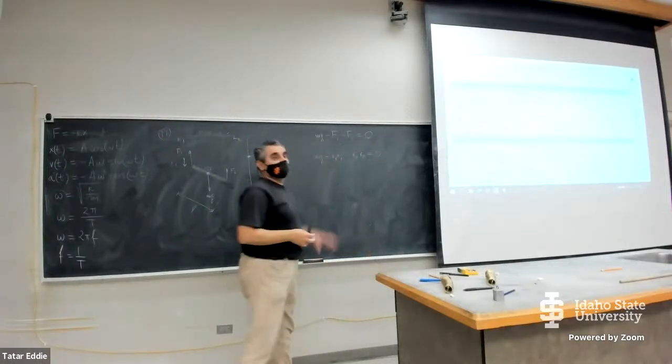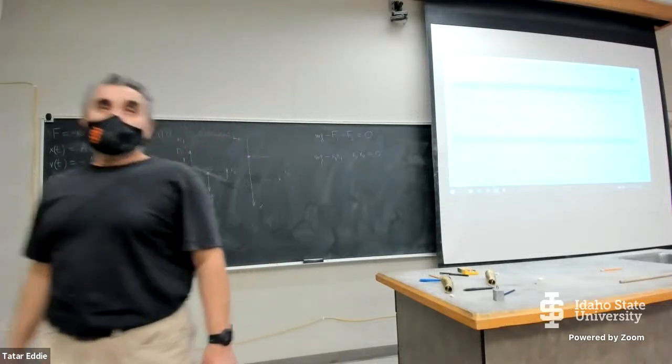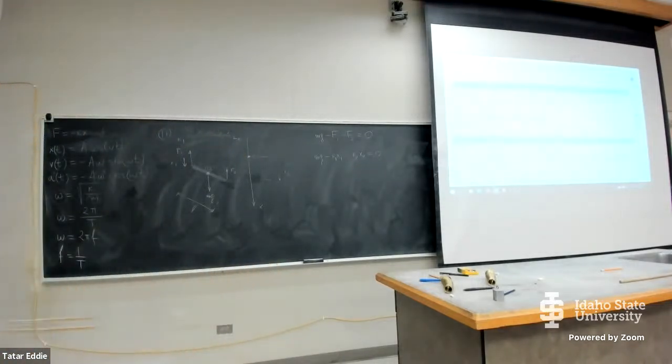So this is the condition which says that the net force acting on the stick has to be 0. But this is not sufficient. The stick must also be subject to 0 net torque, so that it doesn't rotate.